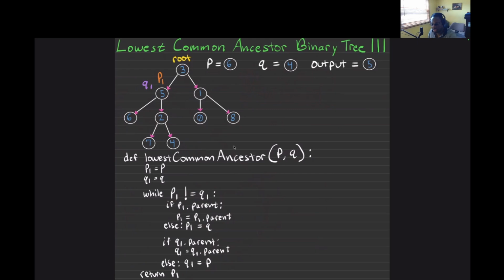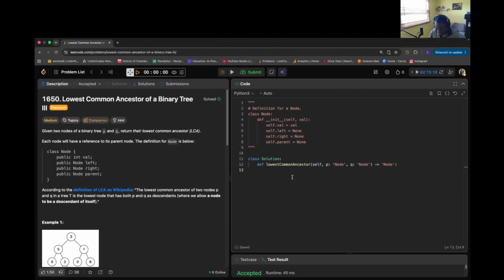So let's go over to the LeetCode portal and let's code this up. So I said P1 is equal to P. Let me bring this up a little bit more. All right, so P1 is equal to P, and then Q1 is equal to Q. So while P1 is not equal to Q1, if P1 has a parent, then we say P1 is equal to P1 dot parent, all right?